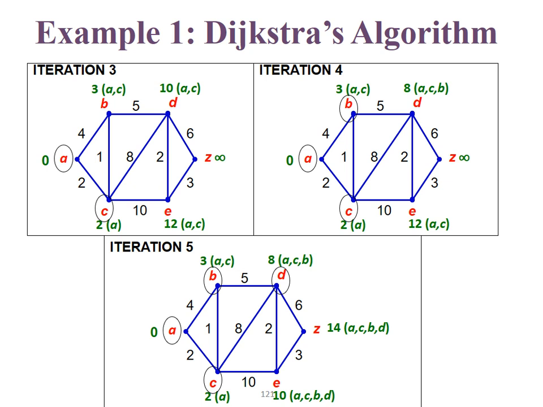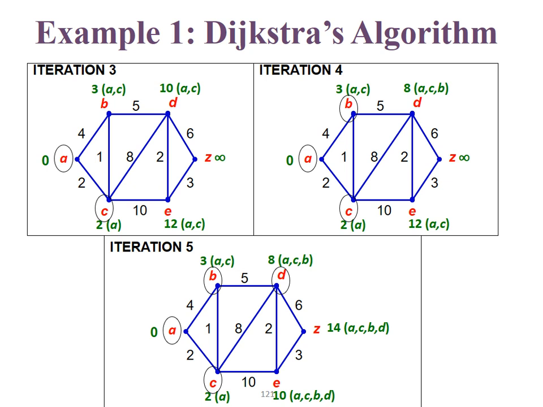Okay, so you can see originally they are all infinity, but once we can include other numbers into this distance set, then we can update the length for other vertices. So in iteration 3, we can see Z remains infinity because we cannot reach Z by the set A and C. Now we can check which one we should select into the set.